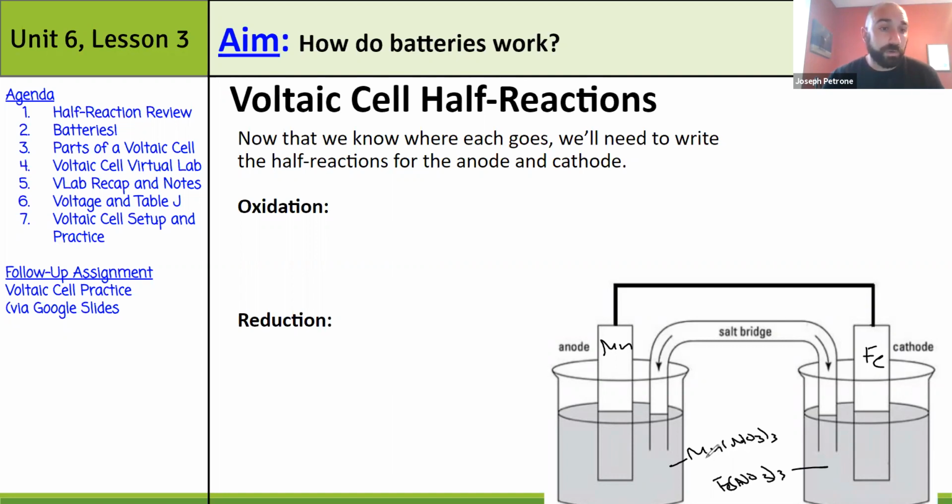Nitrates, you may recall, are always soluble. Chlorides are pretty soluble for the most part. So that's the reason why we'll be seeing mostly those two as we work through this. But anyway, let's work through how we set up these half reactions.